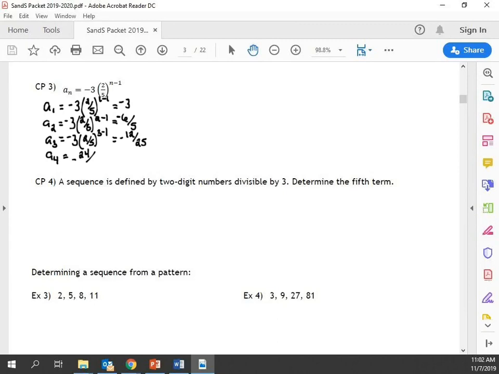Top times top, bottom times bottom. Numerator times numerator, denominator times denominator. So, numerator was 12 times the numerator, which is 2. Because it's 2/5, 24. Denominator, which is 25, times the denominator, which is 5, right?